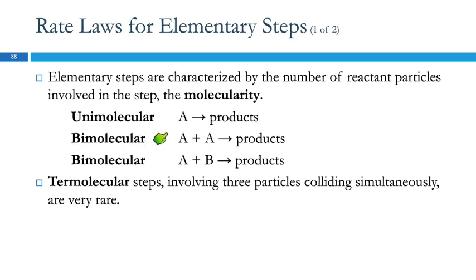Bimolecular, you could have two of the same molecule colliding and making products, or you can have two different reactants, but you have two molecules involved. There are termolecular steps that involve three particles colliding simultaneously, but those are really rare. Because think of the odds of getting three particles to collide in just the right orientation. It doesn't happen very well.